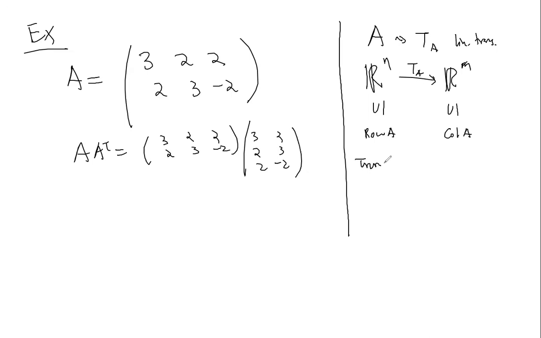So truncated is you look at T_A restricted to the row space. It's the same linear transformation, but going from a different space, row A, so the dimensions of the associated matrix will be different than A because it's going between smaller spaces. And the full one, you're looking at the whole thing, T_A going from R^n to R^m, and you're finding bases of each space.